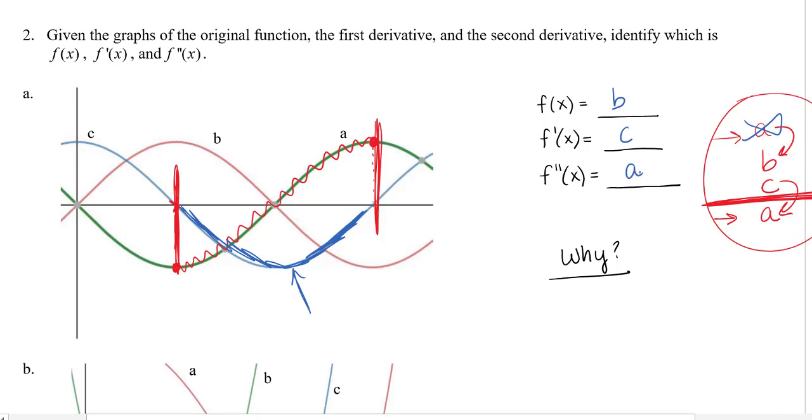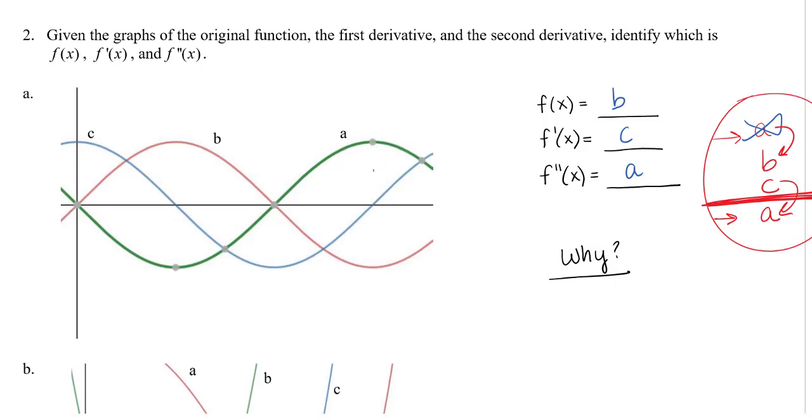The last thing I think you might want to do is just double check that, in fact, C's derivative is A. So if you look at C, here's a turning point for C, for example. Well, that could be A or B. But I probably have a turning point coming up somewhere over here. Same thing. So I would need to look at positive and negative behavior at that point.